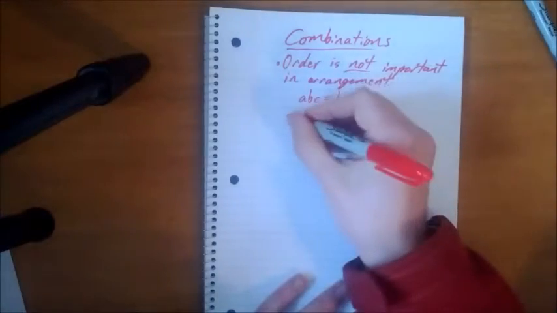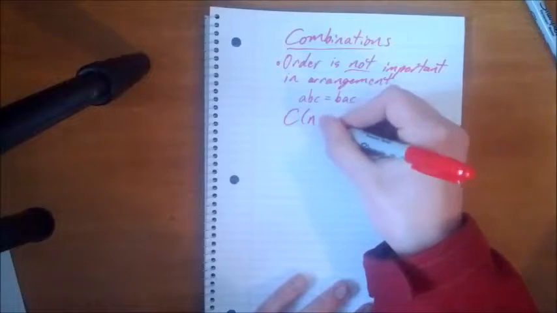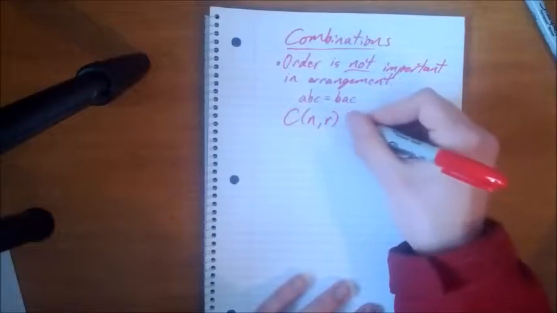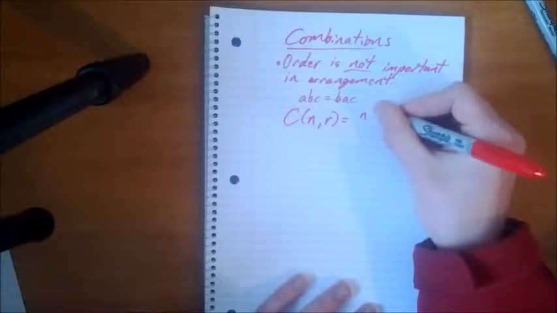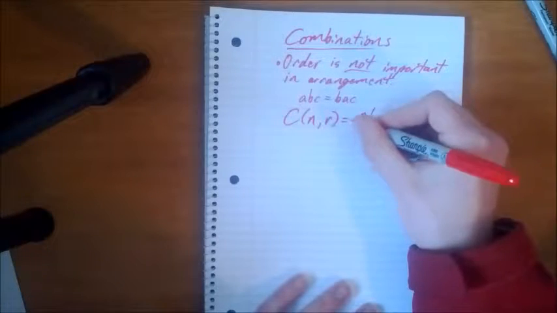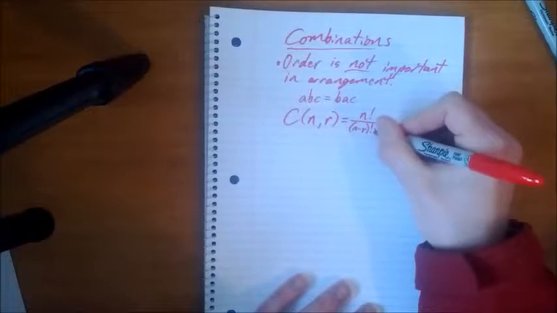The combination formula is actually really similar to the permutation formula. So you say C of n and r is n factorial over n minus r factorial times r factorial.